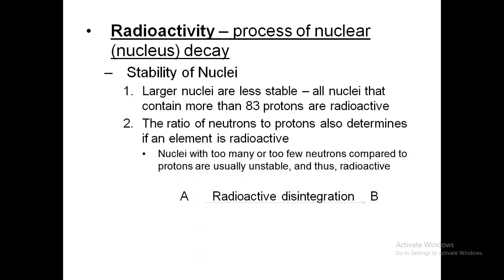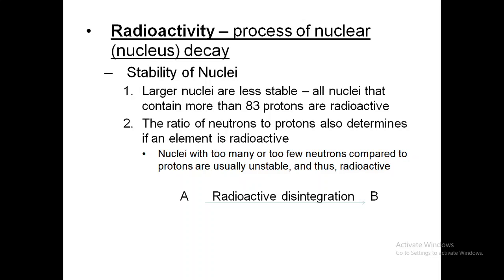An atom is stable if the forces among the particles that constitute the nucleus are balanced. An atom is unstable or radioactive if these forces are unbalanced, that is, if the nucleus has an excess of internal energy. Instability of an atom's nucleus may result from an excess of either neutrons or protons.